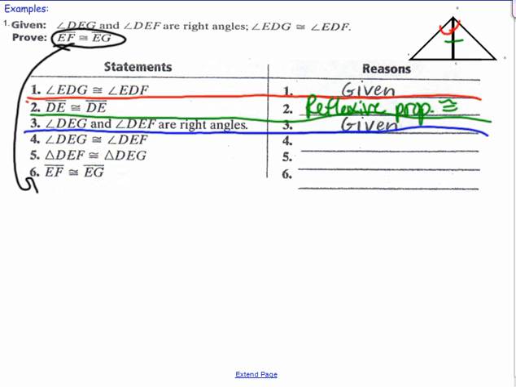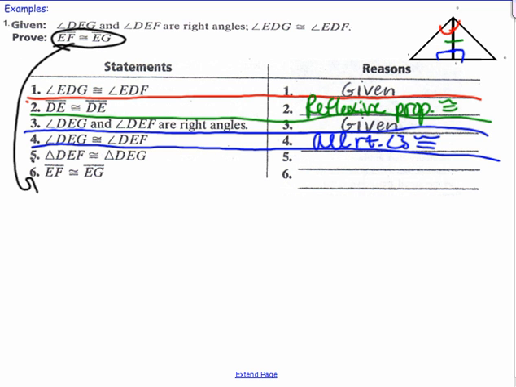Those are given. They're saying these 2 are right angles. Well, that's not congruent, so I'm still sticking with blue. Now they said those same angles are not only right, but they're also congruent. That's a reason we used the other day: all right angles are congruent. Blue's done. Now I can say my triangles are congruent.